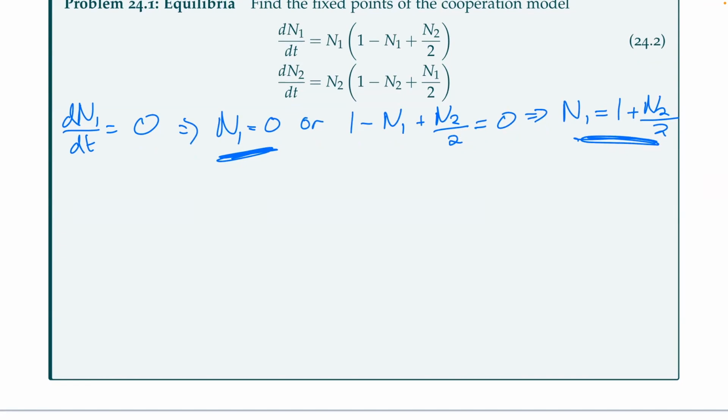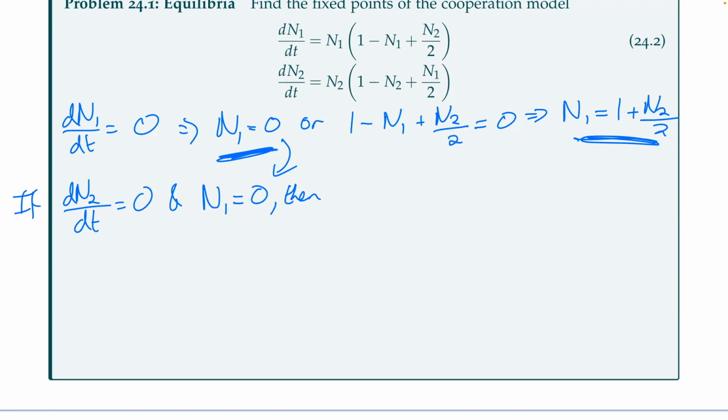What do we do now? Well, one way we can do this is to set dN2/dt equal to 0 and consider what happens if N1 is equal to 0, this first condition here.